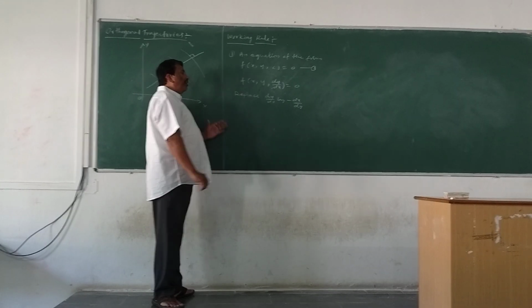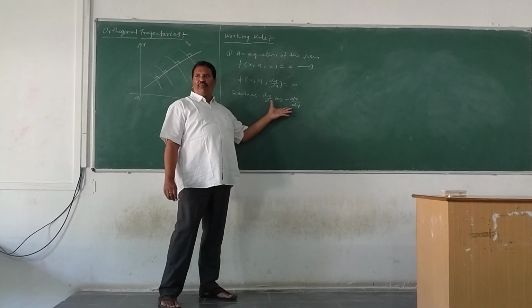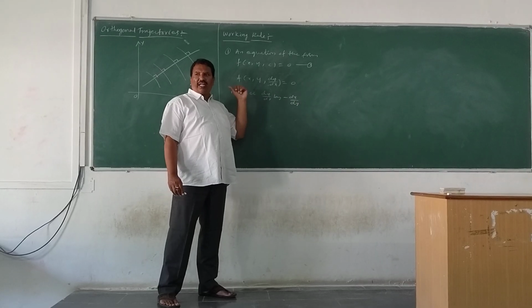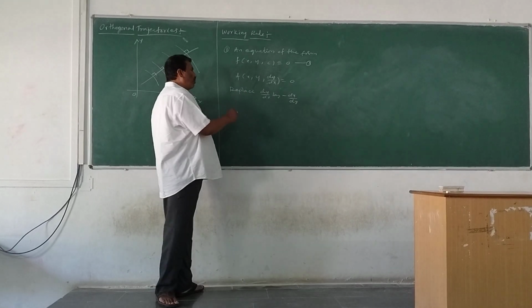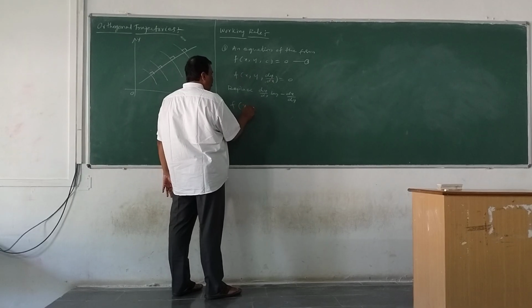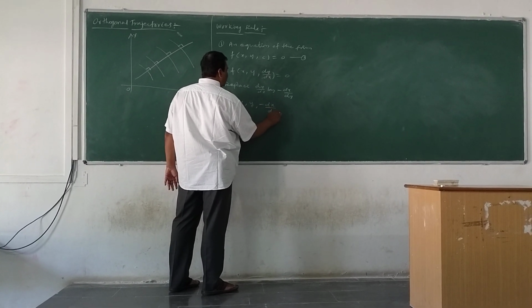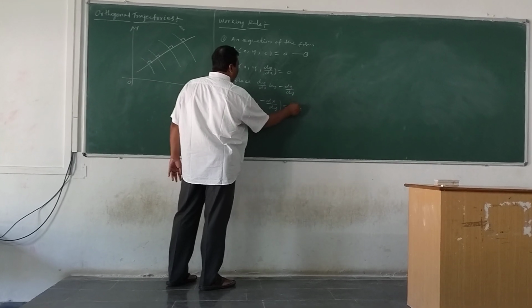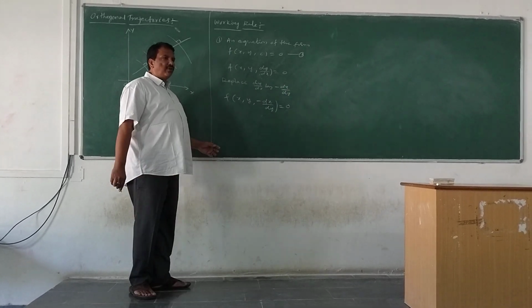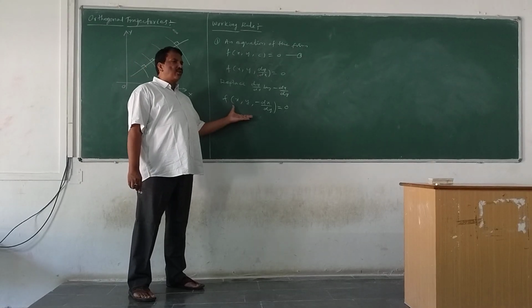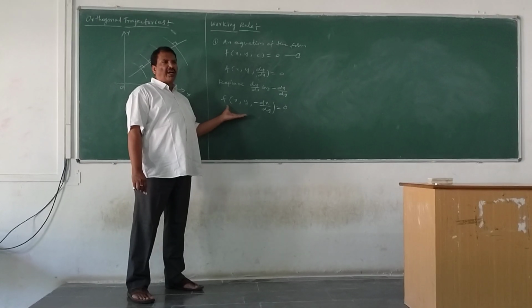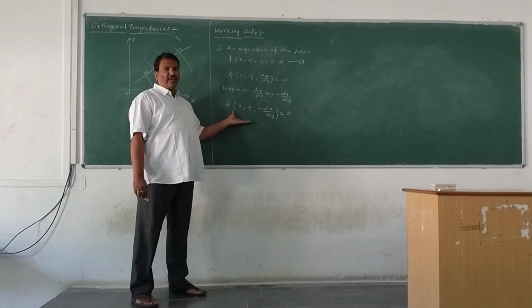Now, the differential equation of the family of orthogonal trajectories, in final form, is f of x comma y comma minus dx by dy equals 0. This is the family of orthogonal trajectories.